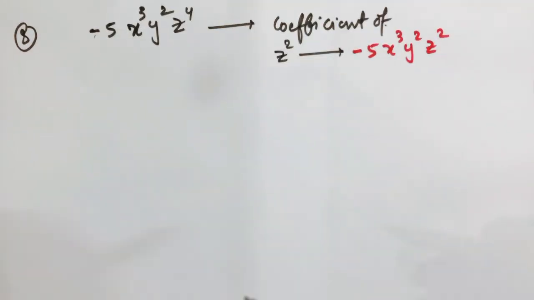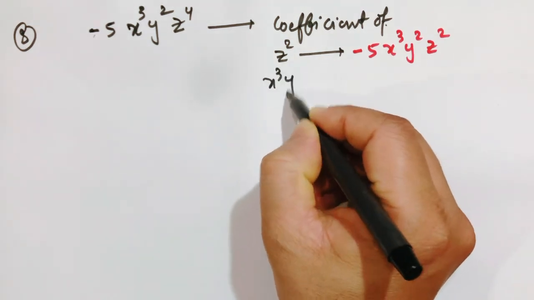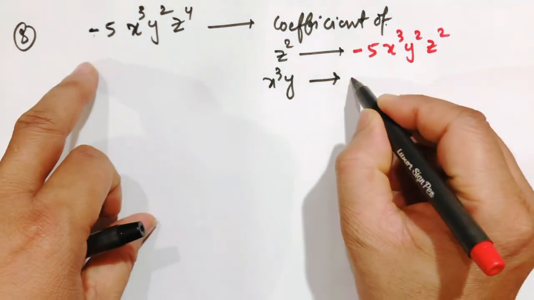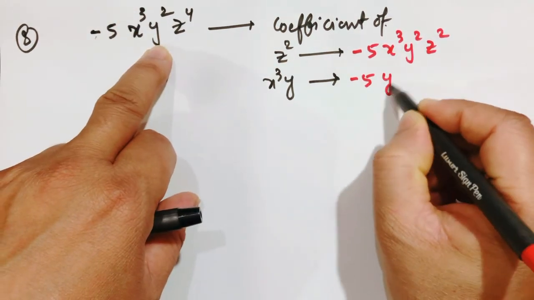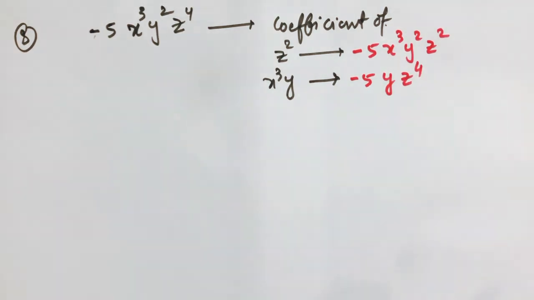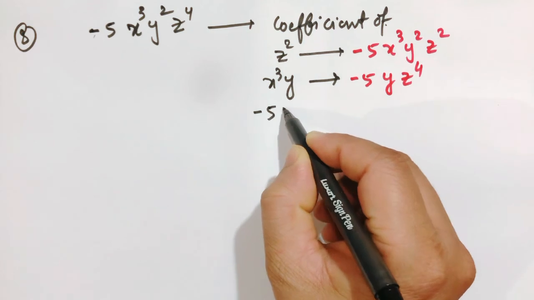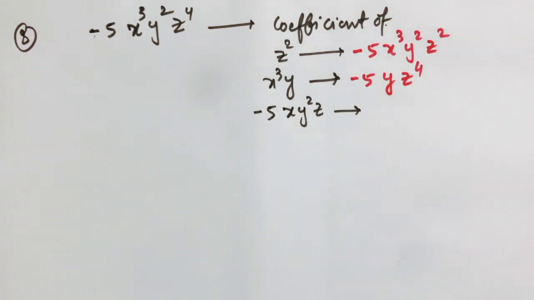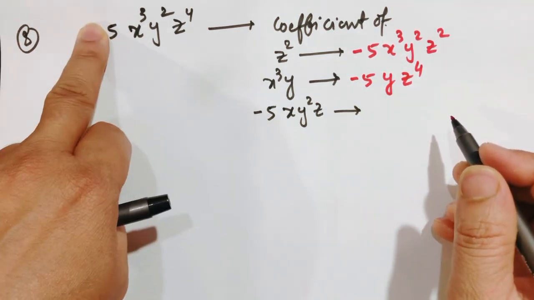Find the coefficient of x cube y. So remove x cube and y. So you will get minus 5. X cube is removed, y is removed. You will get y z to the power 4. Take another, for example, minus 5 x y square z. What is the coefficient of this one? Just remove minus 5, gone.